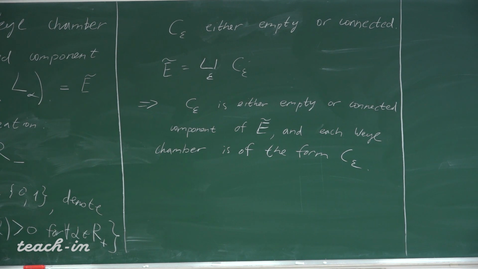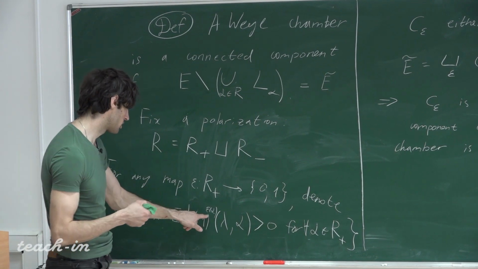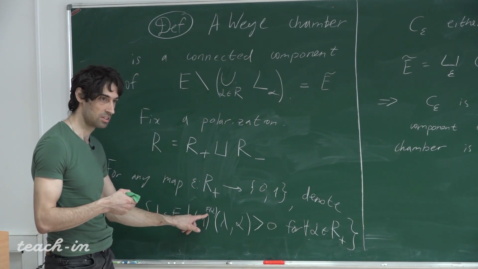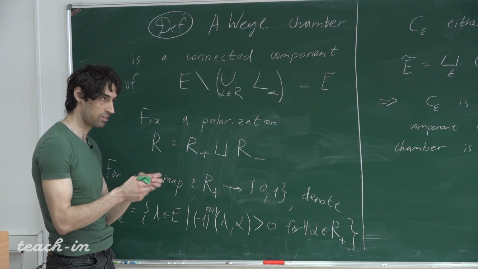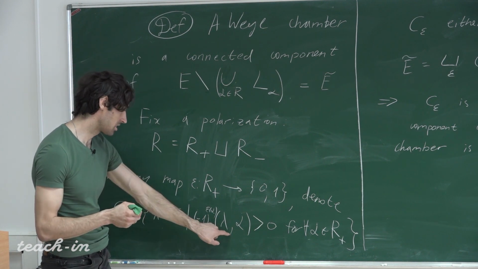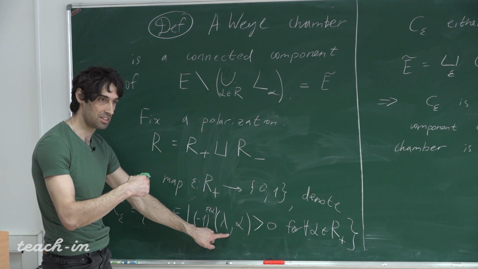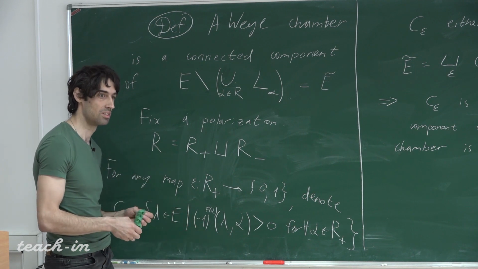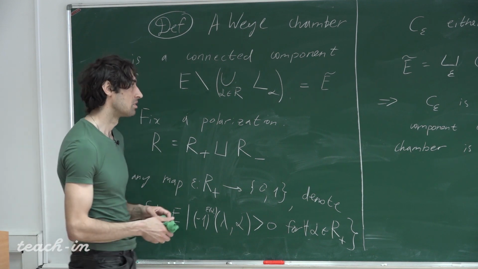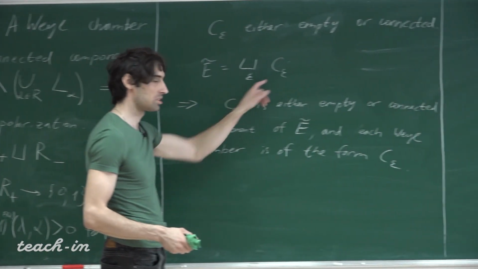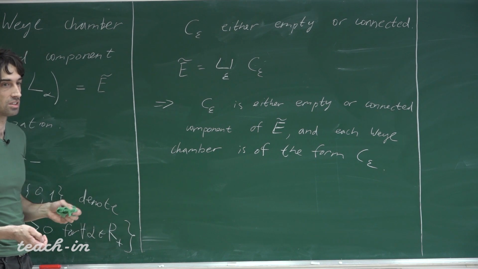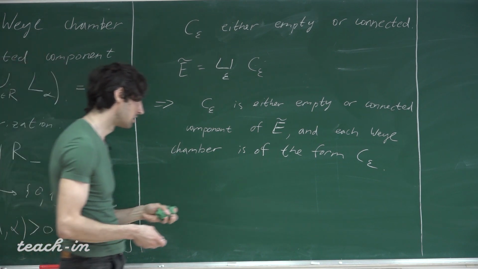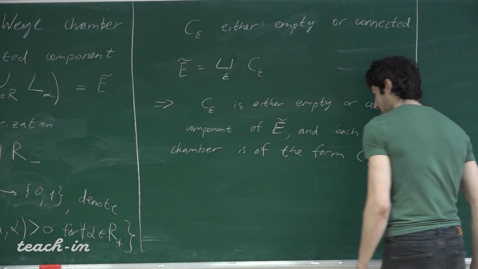For some root, it cannot be positive and negative at the same time, so they don't intersect. This is why it's a disjoint union. Of course, I throw in a bunch of empty sets in here, but it doesn't really change things.